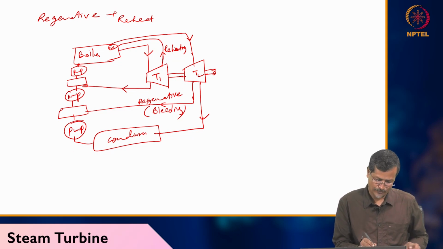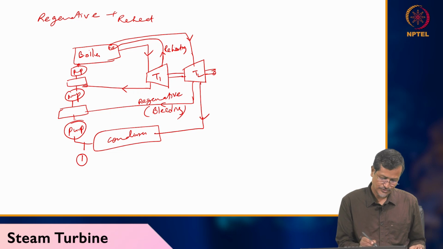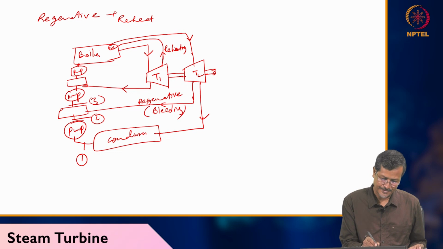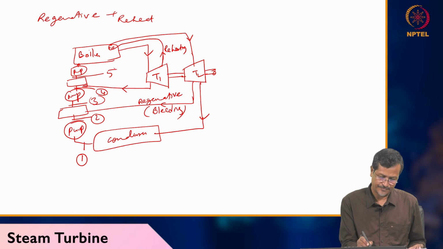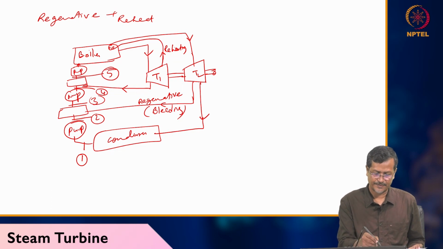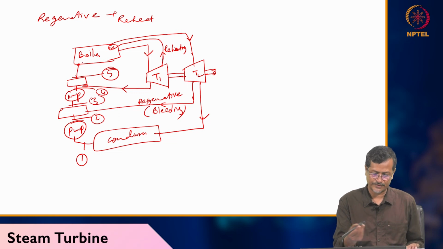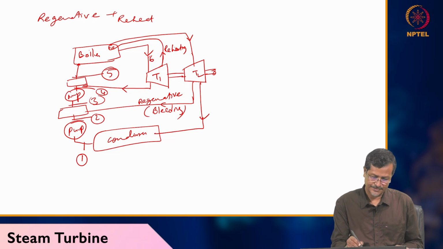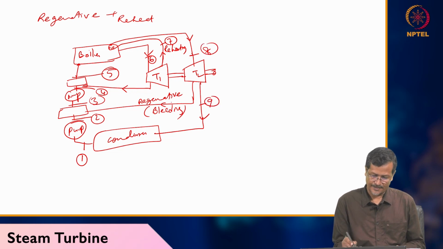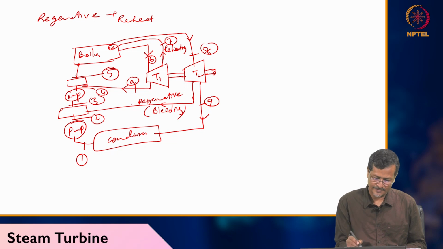Number 1 here, 2 after the pump, then 3, then after the pump 4, then the mixture 5. After this pump they did not actually put any pump here, so we can remove it, or we may ignore it. Now this is 6, this is 7, this is 8, this is 9, and this one A, this one B.